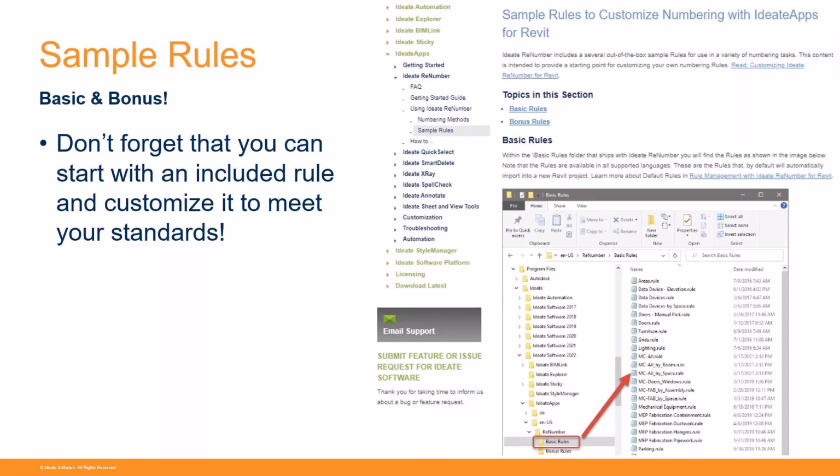That's why we put those into the bonus rules folder. But again, all of these are customizable. You can specify where this folder is, again using the little cog menu in Ideate ReNumber, to say that I want this on a shared network drive, for instance, so that everyone in the office is using the same location for storing and saving those rules.